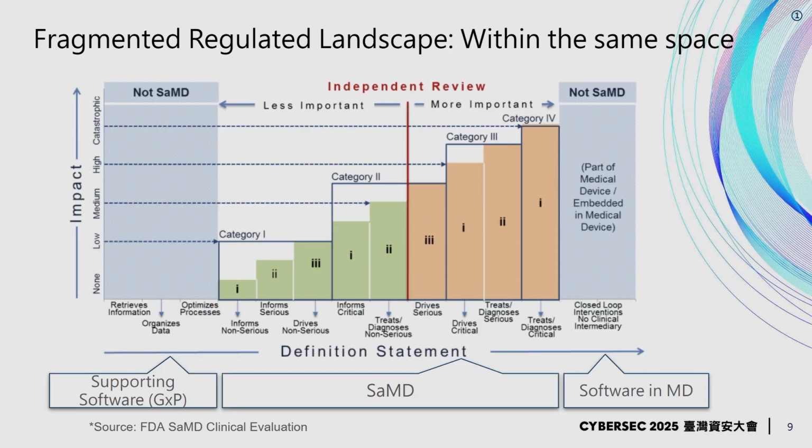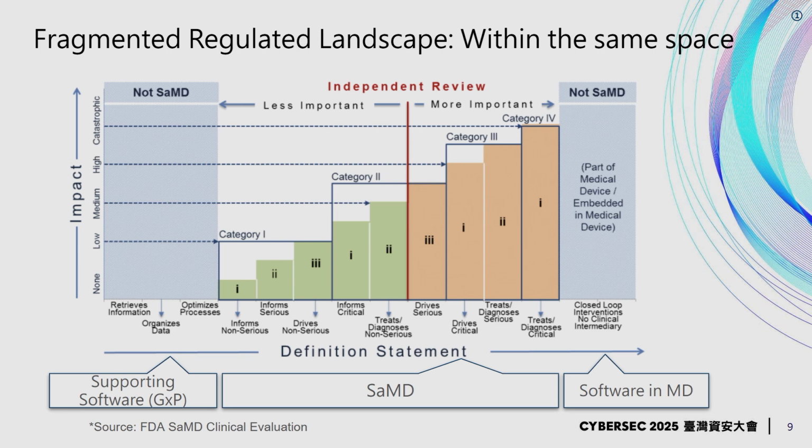Even within the same space, there are multiple levels of requirements. Typically in the case of US healthcare, you have the medical device that contains software inside, which on this chart is on the far right. In the middle we see the software as a medical device, and on the left you have supportive software for the production and testing of medical devices.